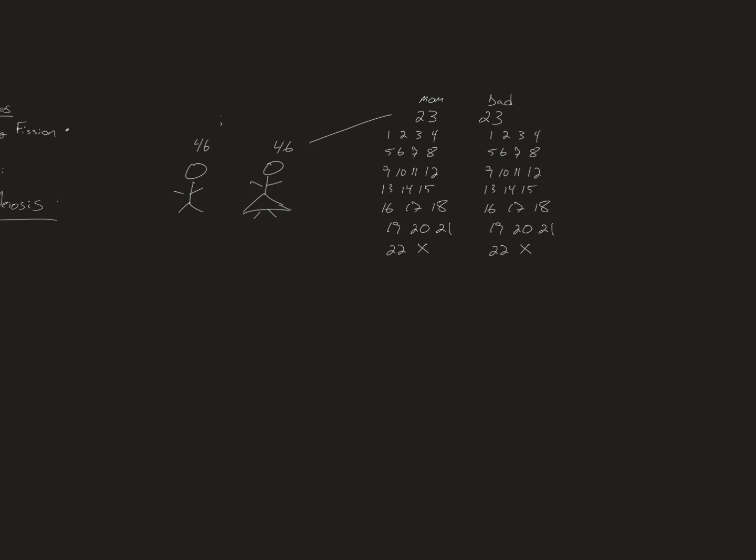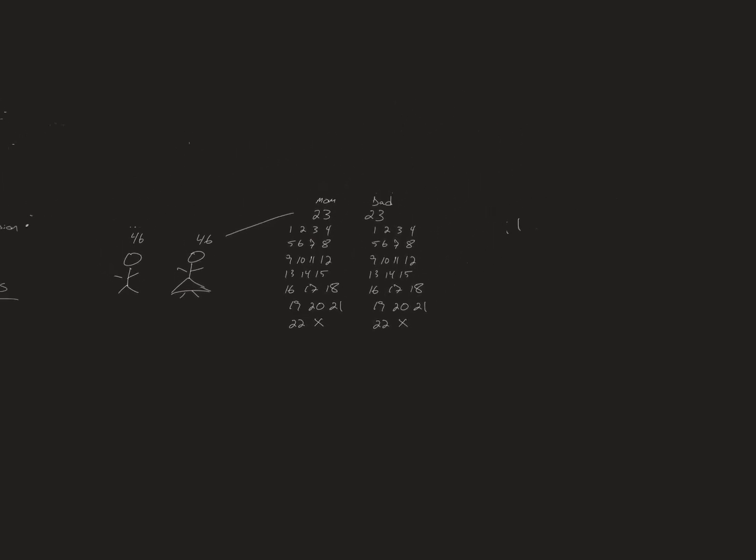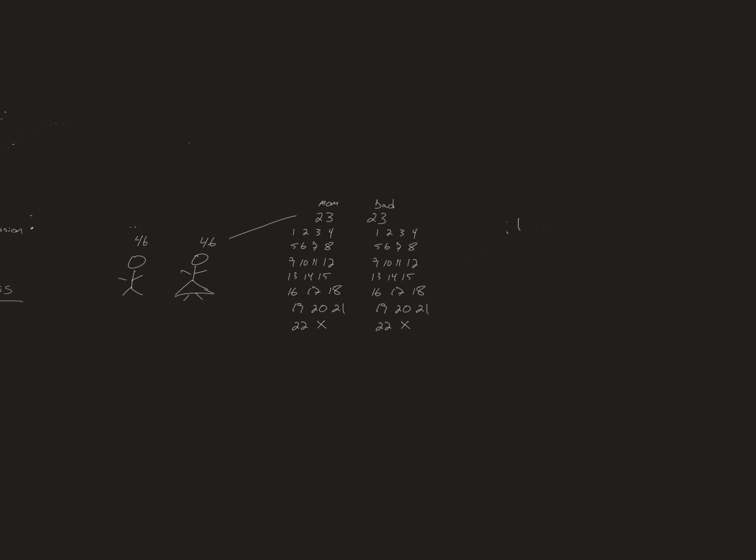Yes. So, does the dad have a random chance to give the X or Y? That's correct. Because remember, let's take a look at this woman's mom and dad really quickly. This dad has this set of chromosomes, and he has another set of chromosomes, except he doesn't have two X's.